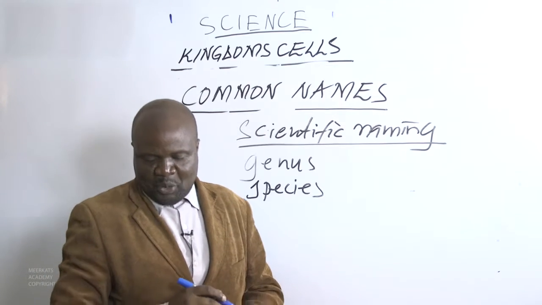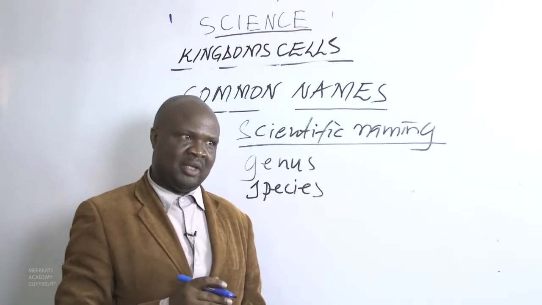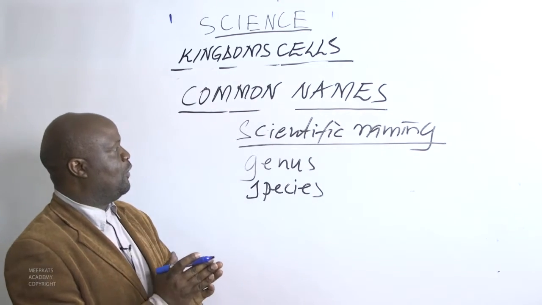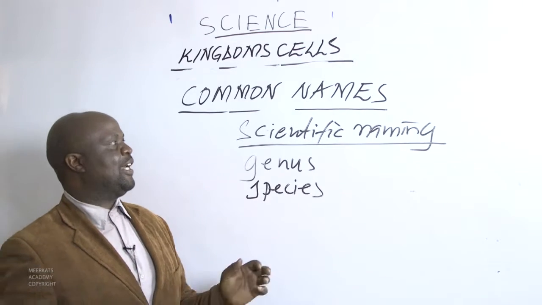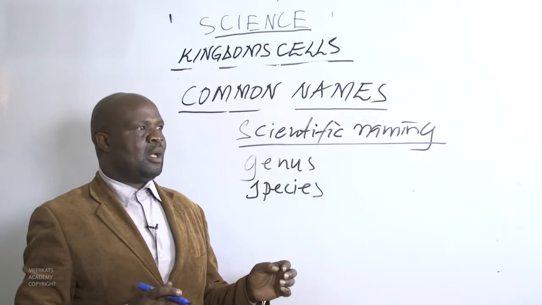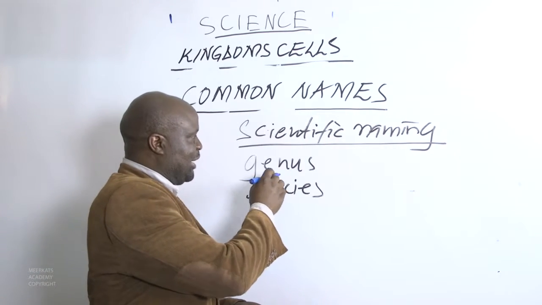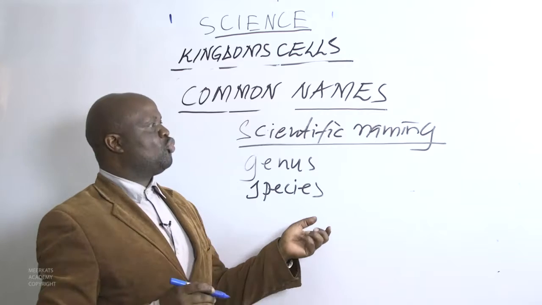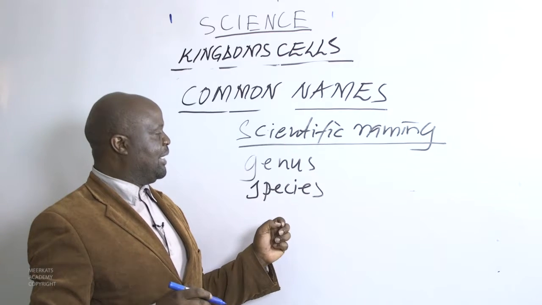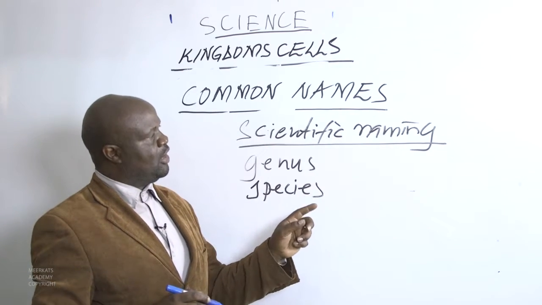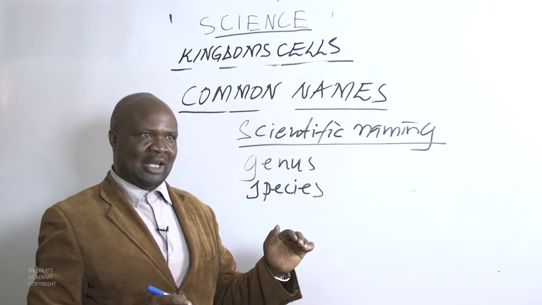When names are typed, if the name you are typing is a scientific name, then you will start with a capital letter when you are typing the generic name, the genus name, but when you are typing the species name, you will use lowercase.